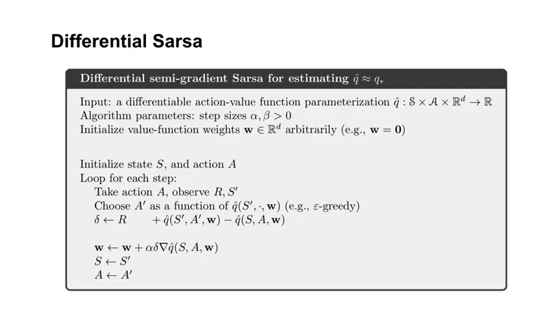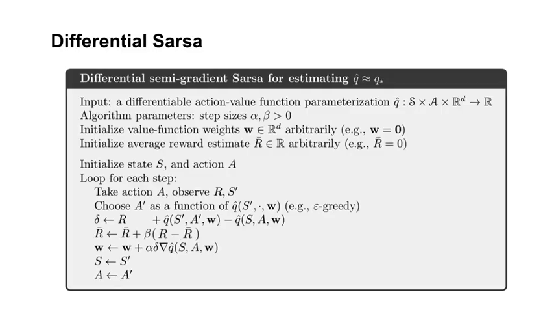Many algorithms from the discounted case can be rewritten to apply to the average reward case. For example, differential SARSA is very similar to the SARSA algorithm you've seen before. Let's step through the differences. A key difference is that differential SARSA has to track an estimate of the average reward under its policy and subtract it from the sampled reward in its update.